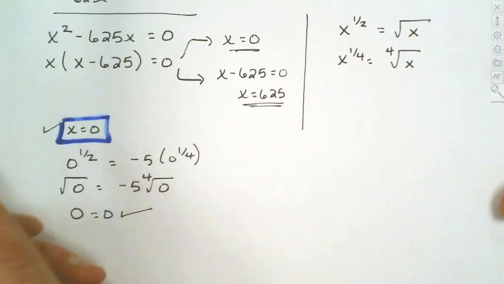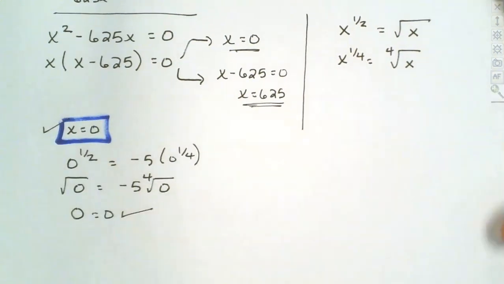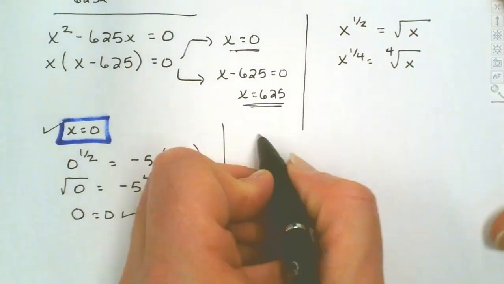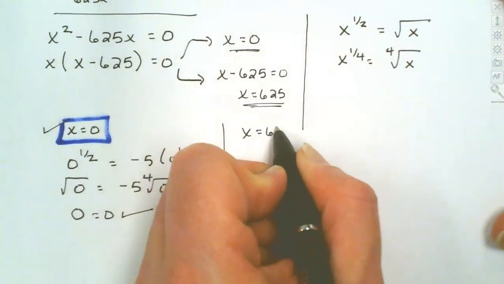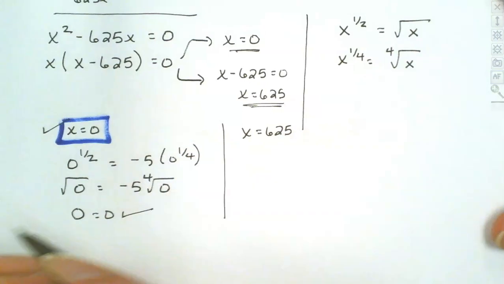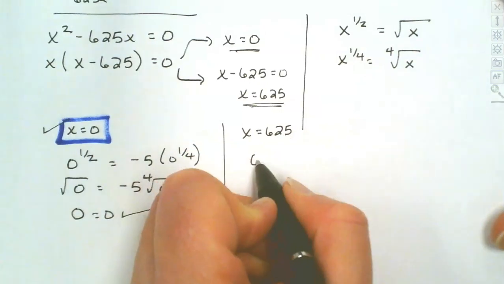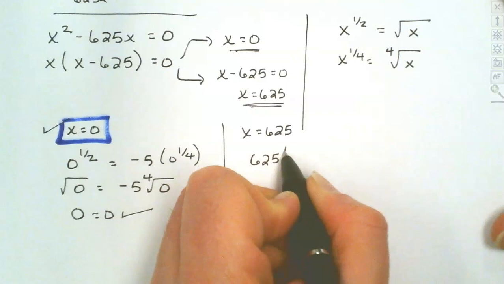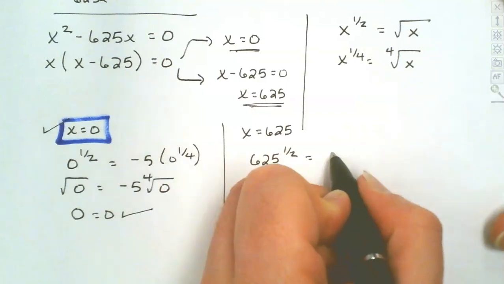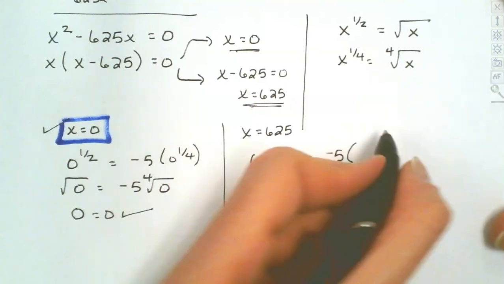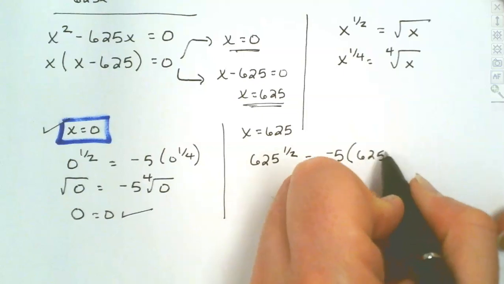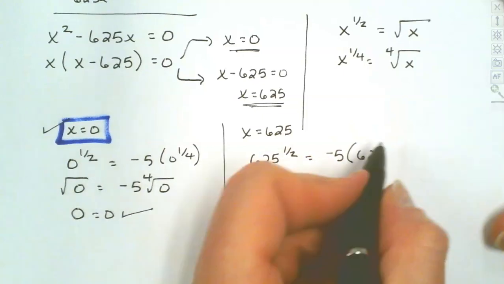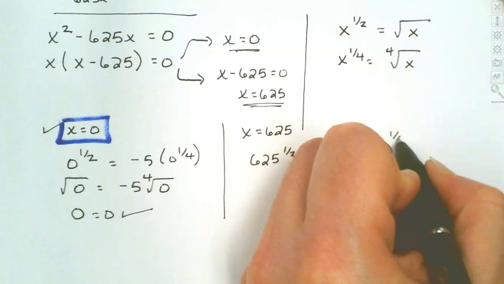Now, why does the 625 not work? Okay, let's check out that 625. If I plug in that 625, I have 625 to the 1/2 power equals minus 5 times 625 to the 1/4 power.